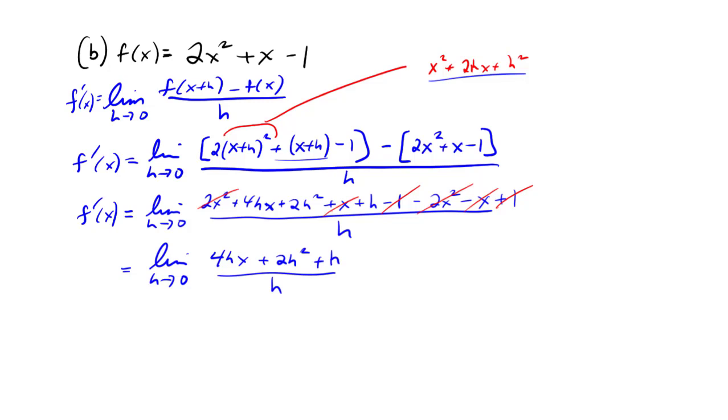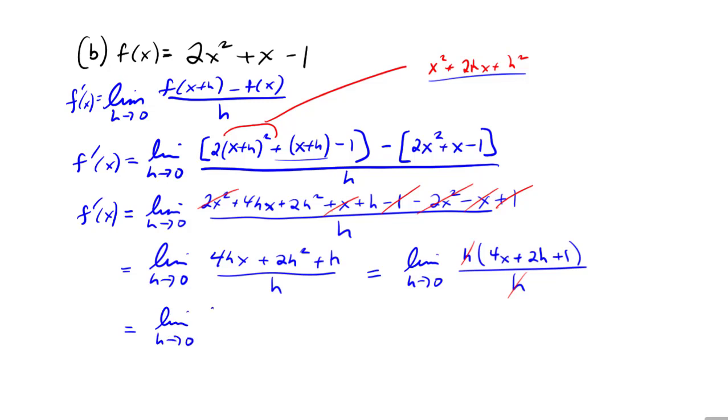I need an h from the numerator, and every term there has an h, so I can factor it out: 4x plus 2h plus 1, if I factor an h out of everything, all over h. Then cancel that out, and I'm left with the limit as h approaches 0 of 4x plus 2h plus 1.